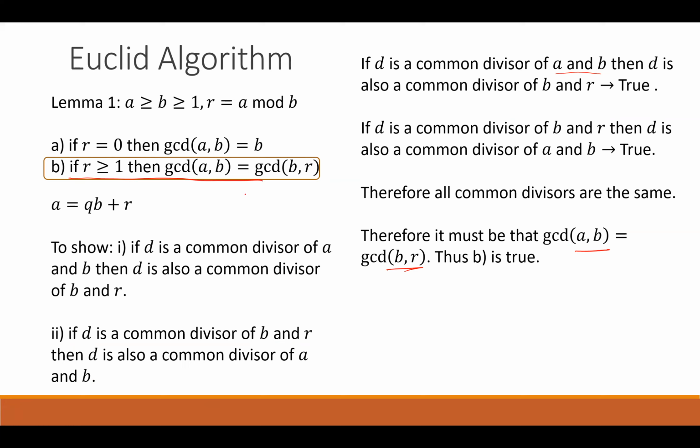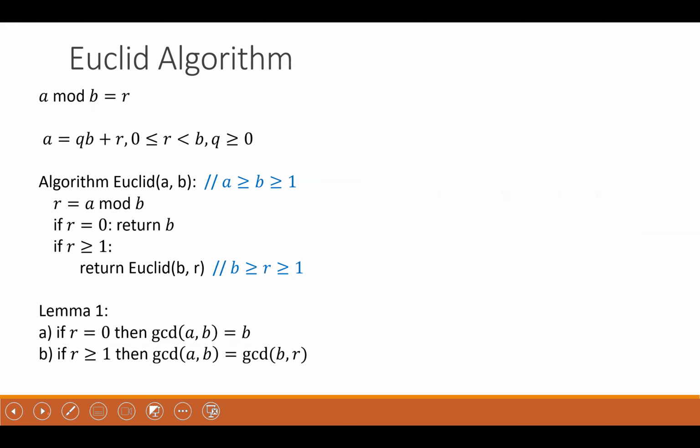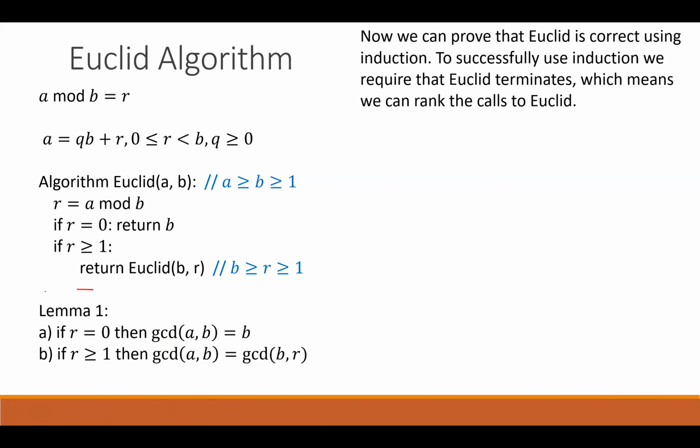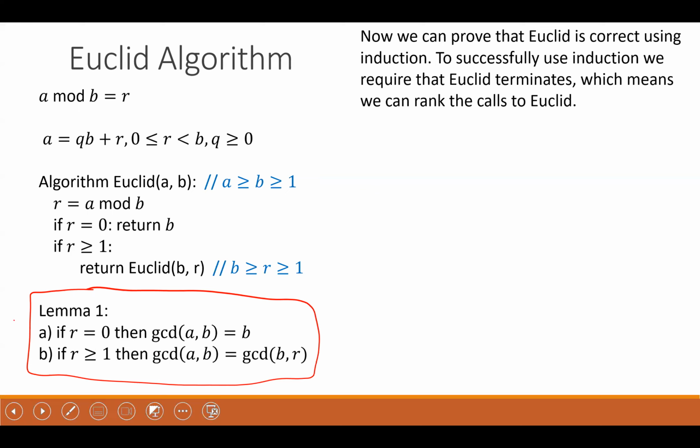Now we're going to argue that our recursive call to Euclid returns the greatest common divisor of B and R, which is actually the same as the answer to our problem. So we now have lemma 1 that we're going to use in the proof of Euclid. Here's where we prove that Euclid terminates. I think we went over the high-level proof of Euclid terminating, so I'm not going to get into all of the detail.